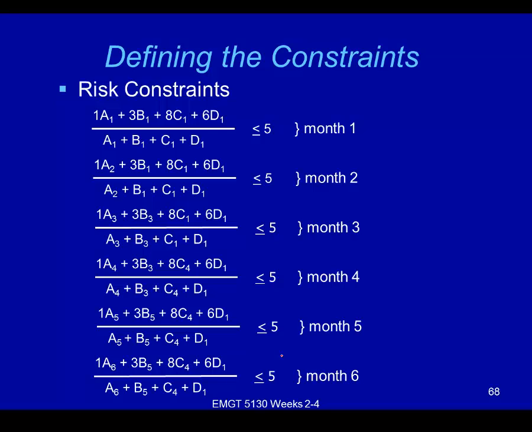Now, when we have this, we can't implement it in Excel just in this format. Can you think about why? Remember we said what kind of algorithm do we use? Or in this chapter, we're talking about what kind of model.